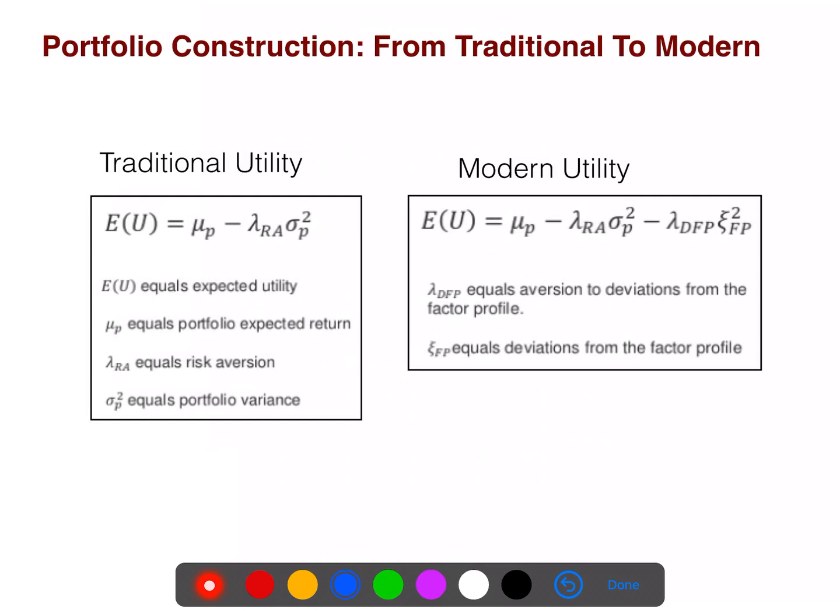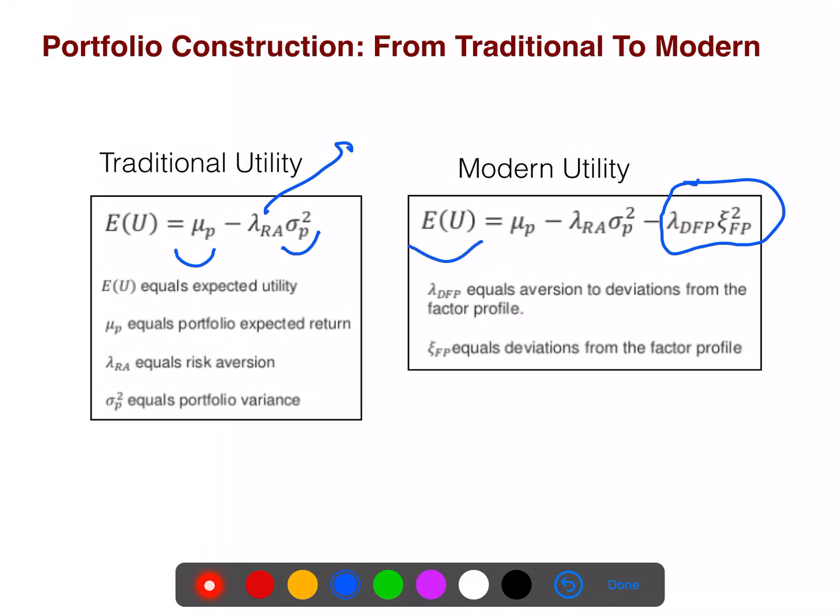You will see that traditional utility is where you want to maximize the return and minimize your standard deviation, and you have a risk-averse measure lambda. And in modern utility, you also consider the things that influence your expected utility, different factors.